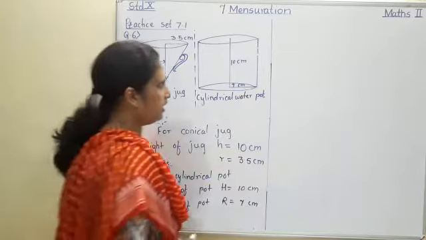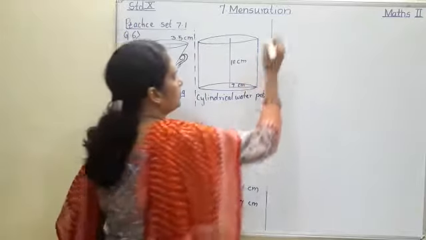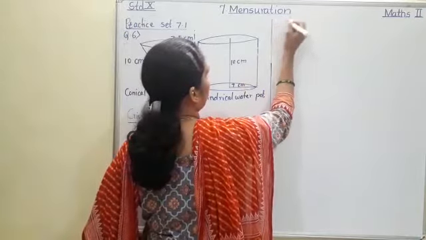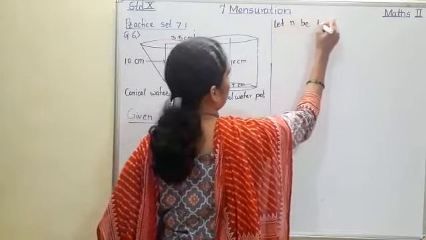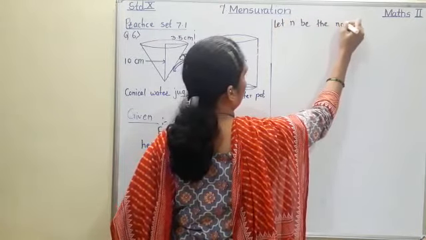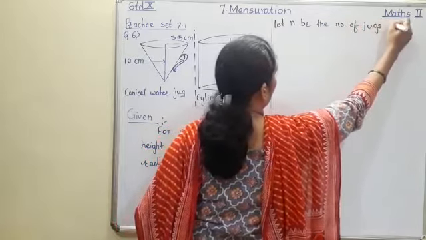Now we'll write the formula. What we have to find is how many jugs of water. So let n be the number of jugs of water.